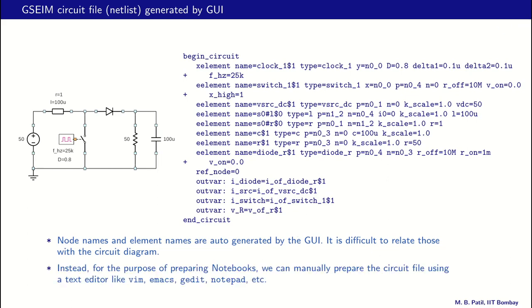Instead, for the purpose of preparing notebooks, what we're going to do is to manually prepare the circuit file, which would look something like this, using a text editor like Vim or Emacs or gedit or Notepad, and then use that as an input to the C++ GSEIM solver.